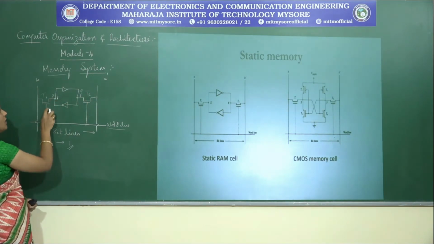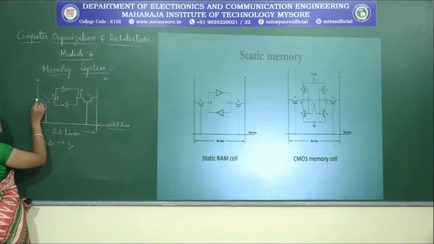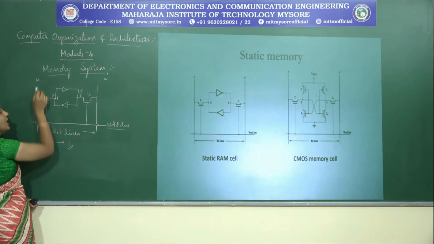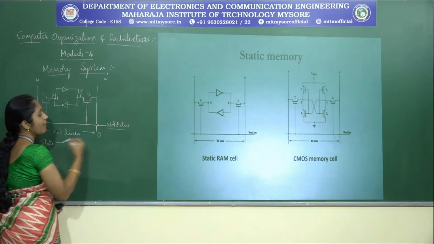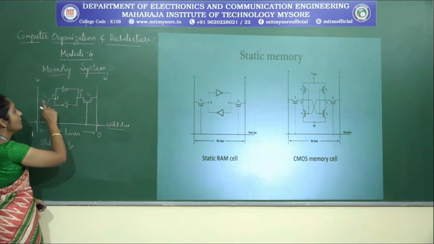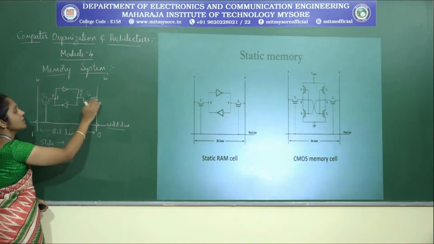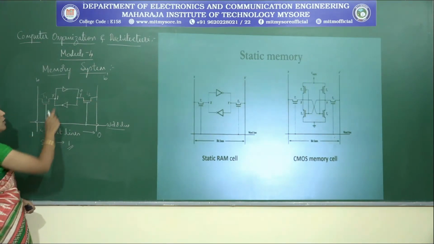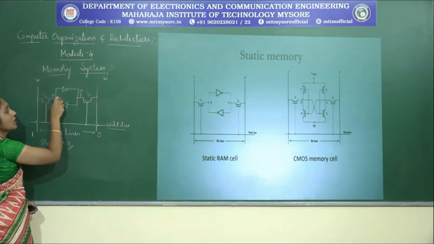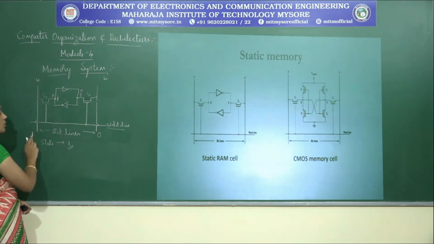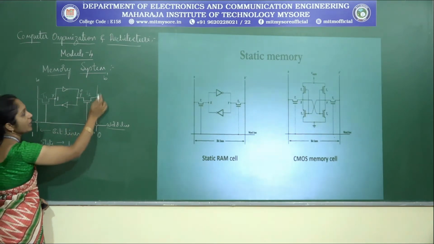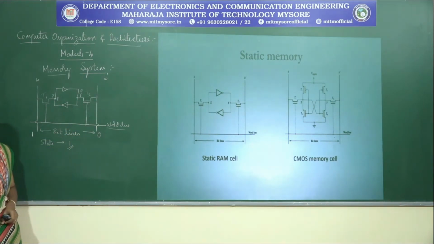And remember, when we turn on this, this will become a short, and so B will be having a value of 1 and B dash will be having a value of 0. Whenever T1 and T2 are turned on, this will become a short, and whatever values we have here, that is 1 here and 0 here, 1 will be copied into B and 0 will be copied into B dash.